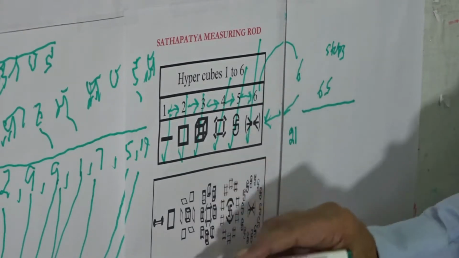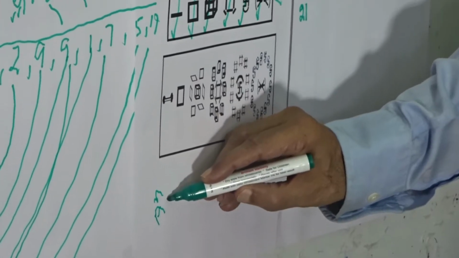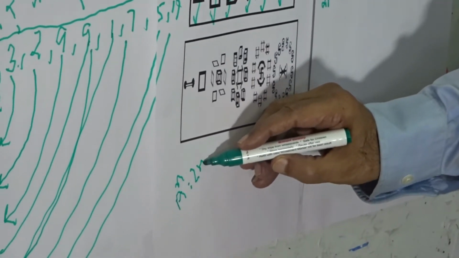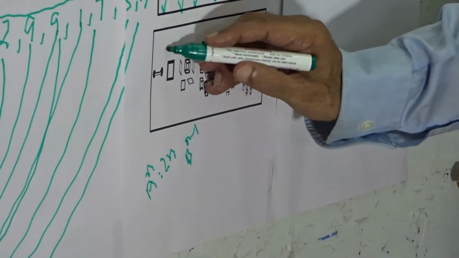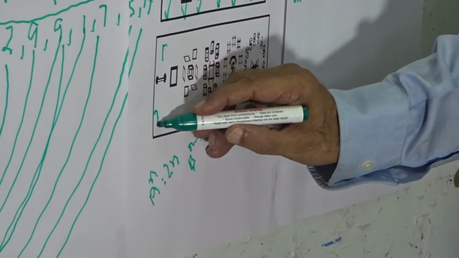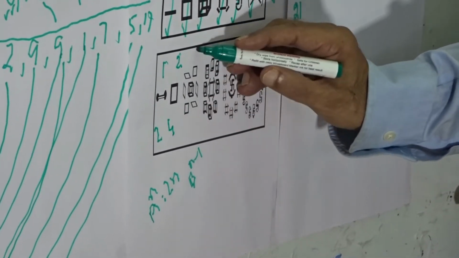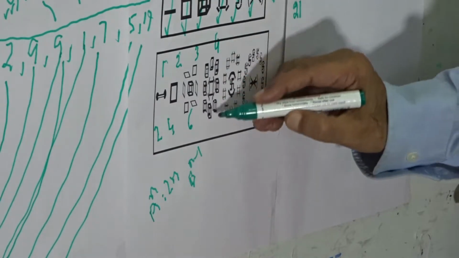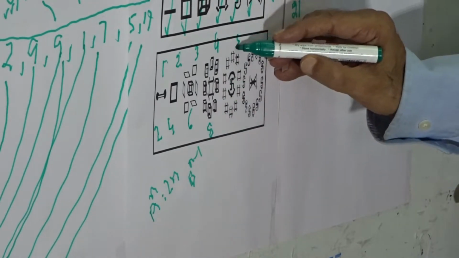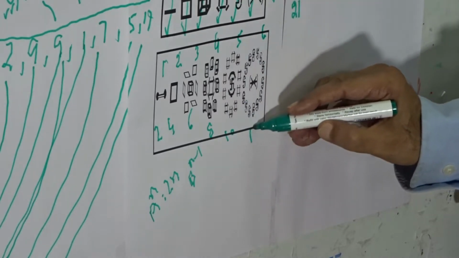Now we know the domain boundary ratio of hypercubes is a raised to power n to 2n b raised to power n minus 1. Therefore, one space is having 2 boundary components, 2 space is having 4 components, 3 space is having 6 components, 4 space is having 8 components, 5 space is having 10 components, 6 space is having 12 components.